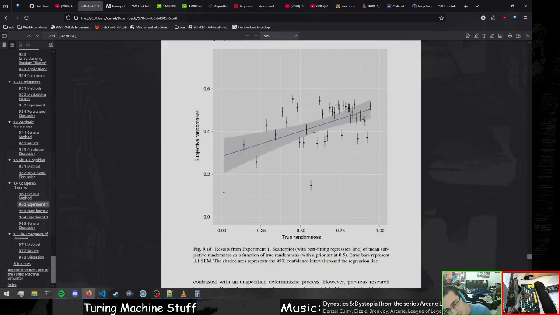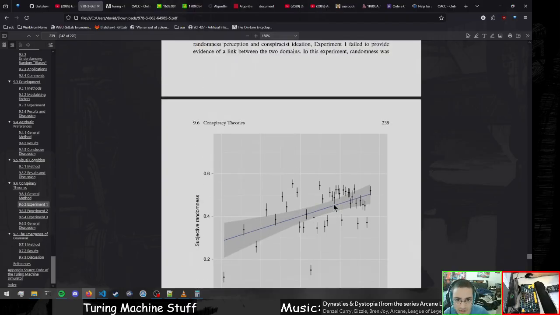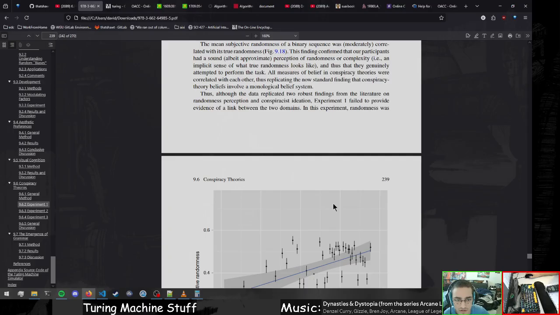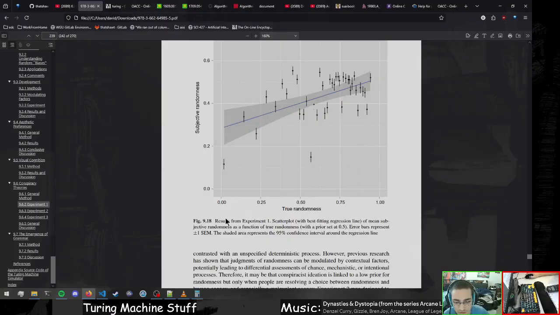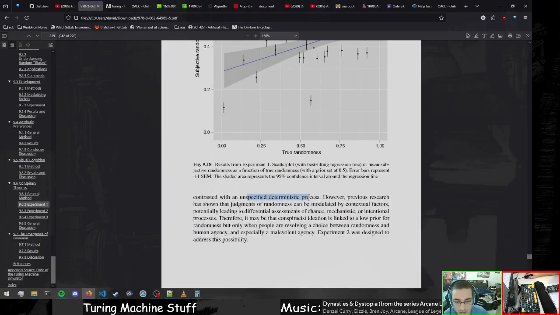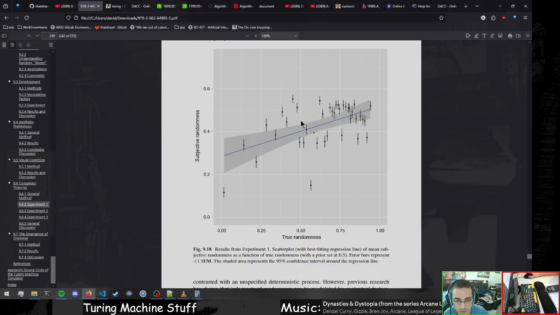So subjective randomness and true randomness. Was it contrasted with an unspecified deterministic process? I don't know what this means, to be honest. What is this? Subjective randomness?